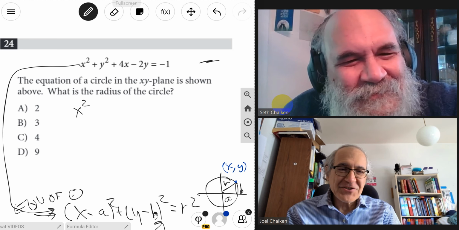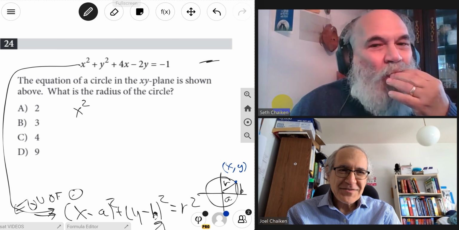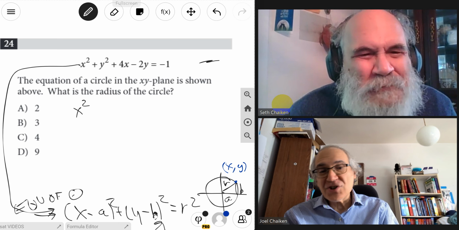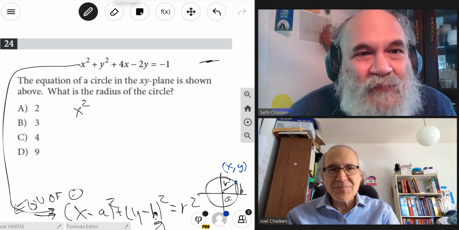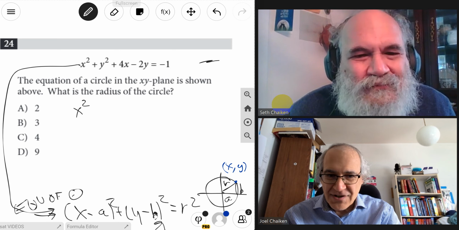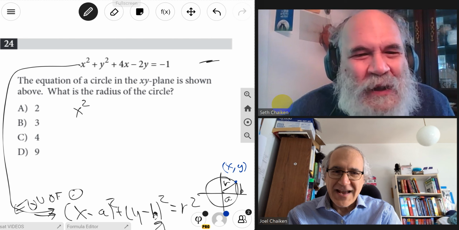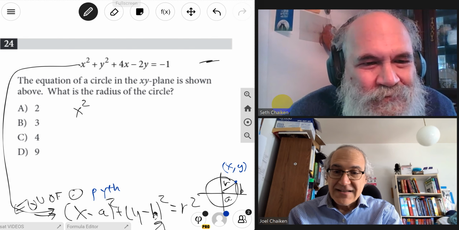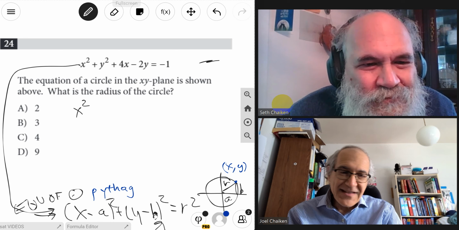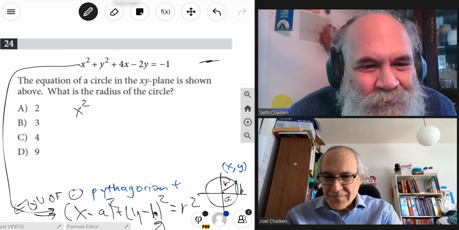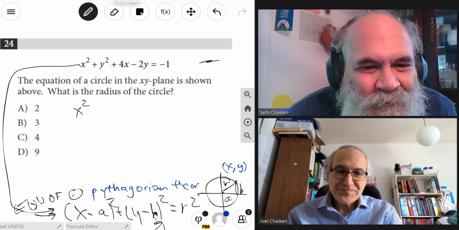I've never actually noticed that before. I just know that they always ask, what's the locus of points equidistant from a center? And it's the circle. Seth, that's actually a fantastic insight. It's just that nobody's going to be saying that when you see the problem. But that's not a bad way to remember it. Yeah, Pythagorean theorem. That's cool.